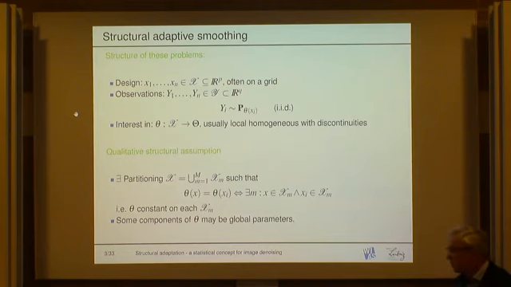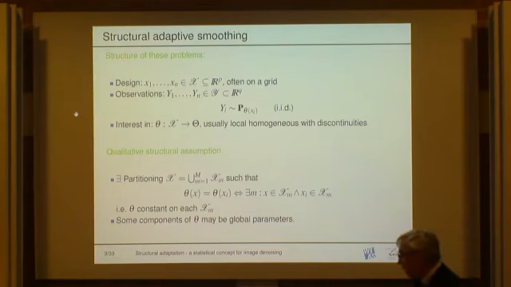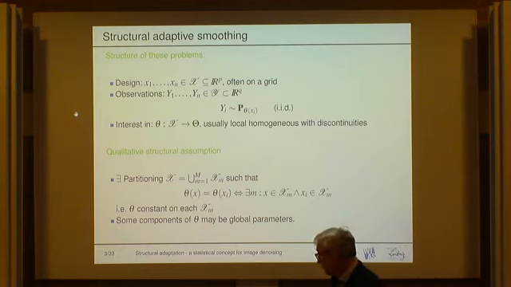So we start with a qualitative structural assumption, and this qualitative structural assumption is that we assume that there exists a partitioning of the design space into regions X_m such that the parameter is constant within regions, and that we also allow that some components of theta may be global parameters here.